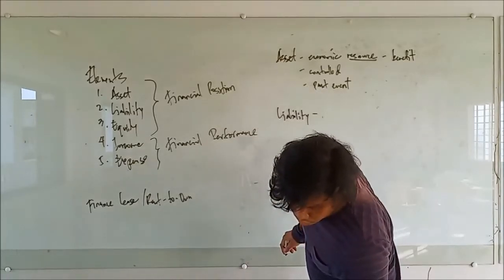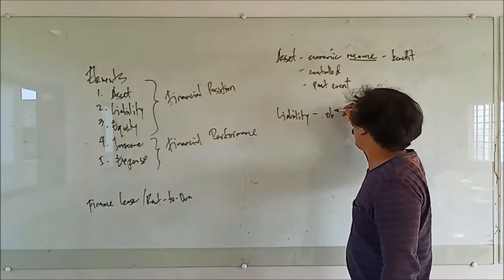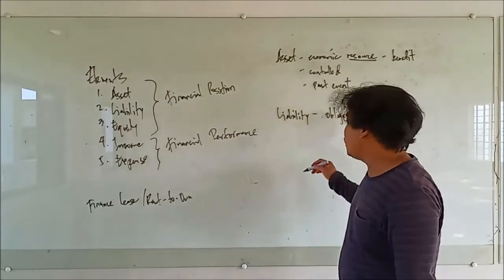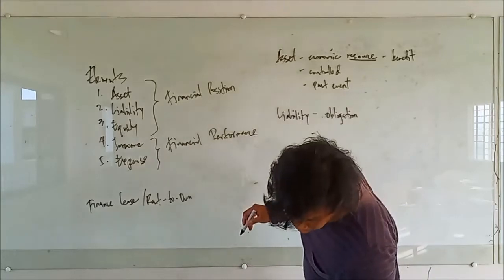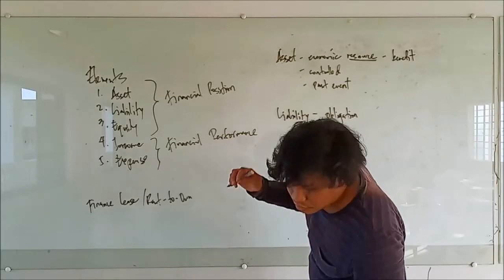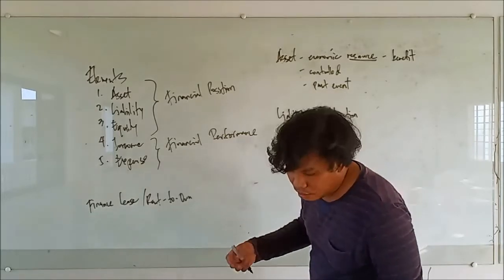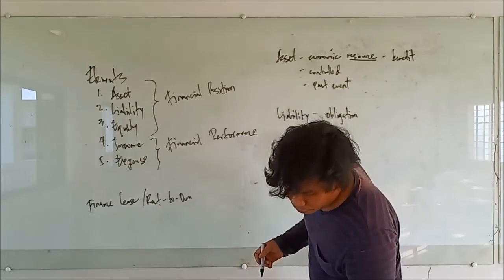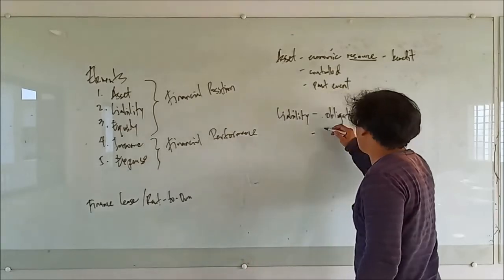When we say liability, the first term that comes into our mind is obligation. Okay? Dati kasi yung definition nito, yung outflow of economic resources. So sa kanya, medyo iba niya na dito sa revised conceptual framework, transfer of economic resource.